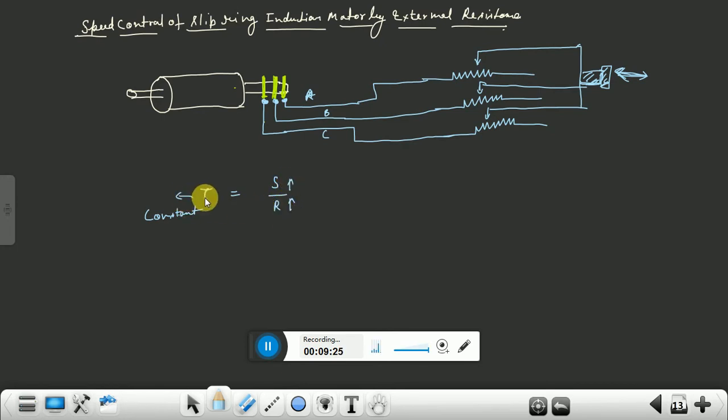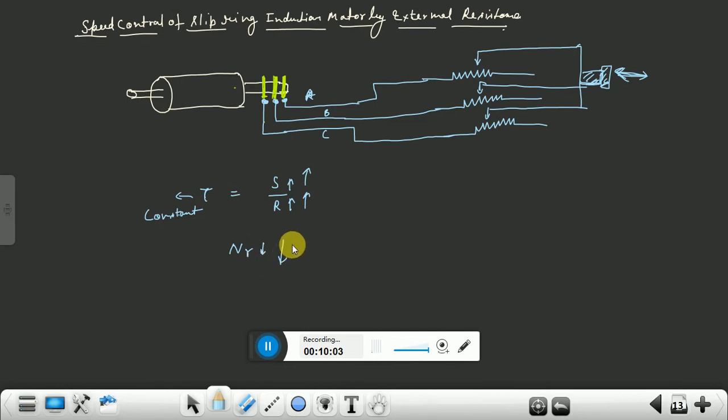For keeping the torque constant, slip also increases. Slip increases means NR decreases, which means our rotor speed decreases. Further, if we increase the rotor resistance to keep the torque constant, the slip increases again, which means our NR is further reduced.